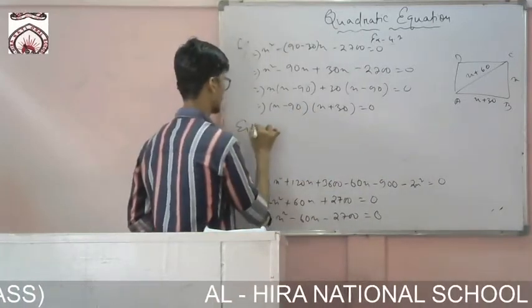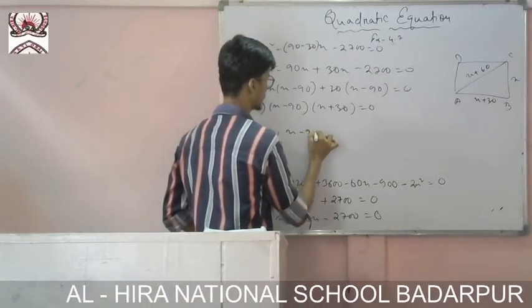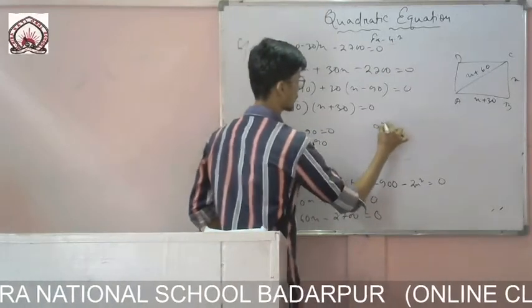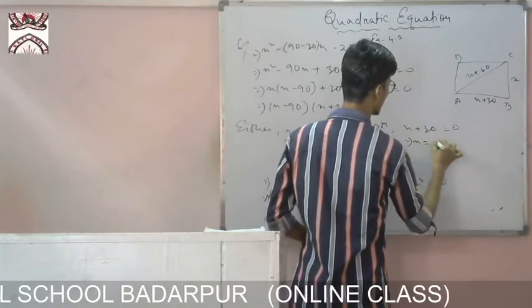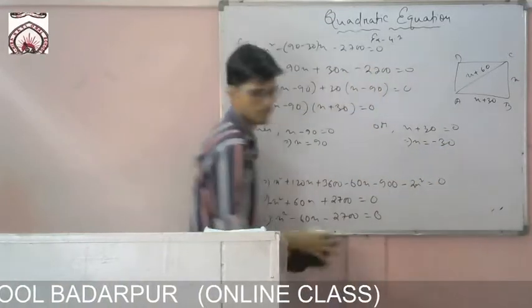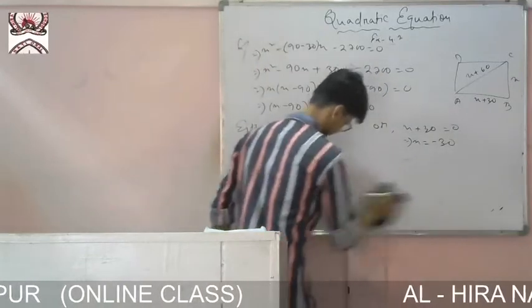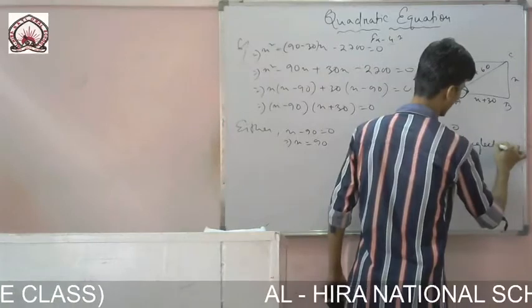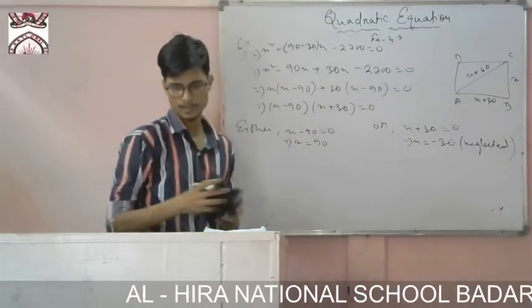Either x minus 90 equals 0, that is x is 90, or x plus 30 equals 0, x is minus 30, which is not possible. So minus 30 will be neglected, because the length cannot be negative.